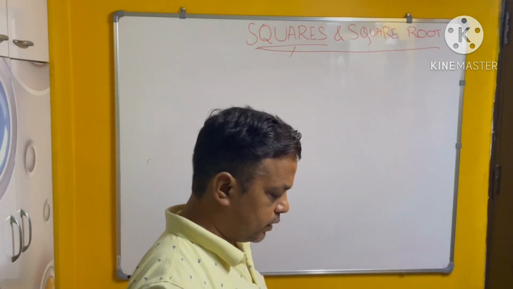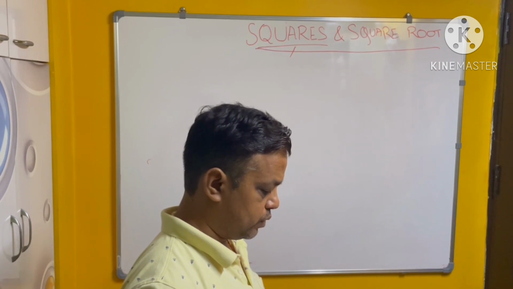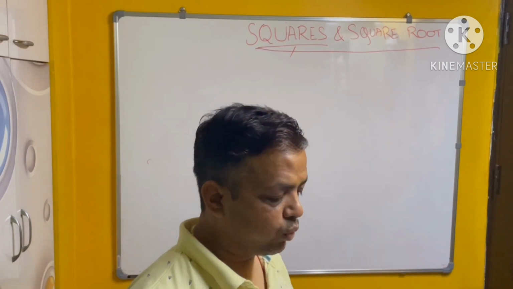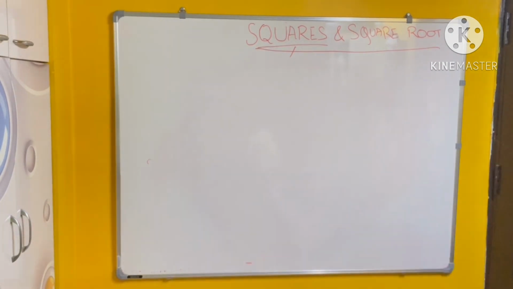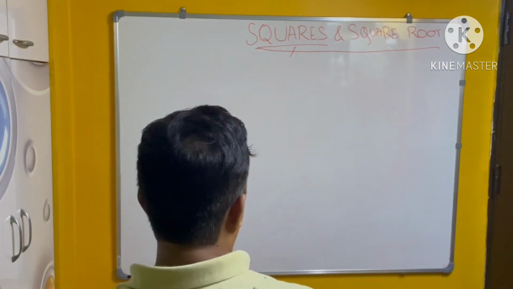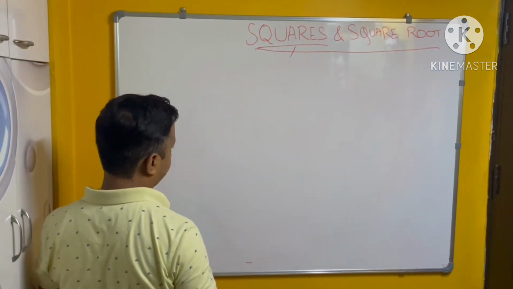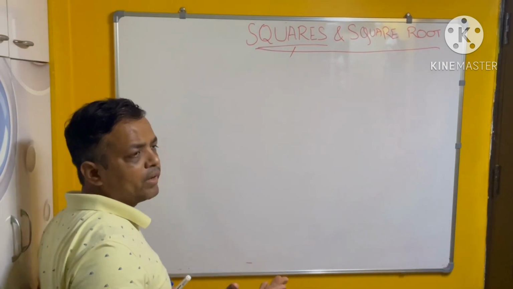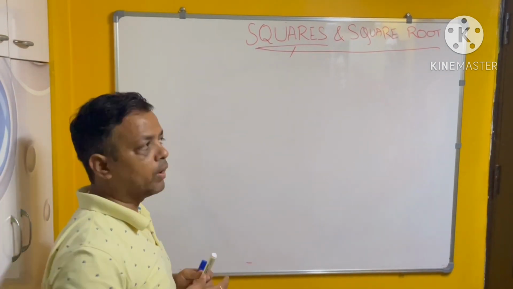Okay, now we have square roots. So what is a square root? Basically, square root is the reverse of the square.